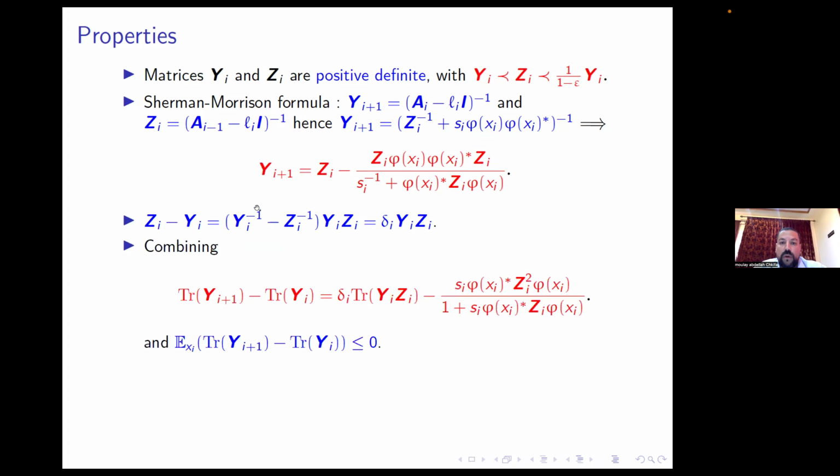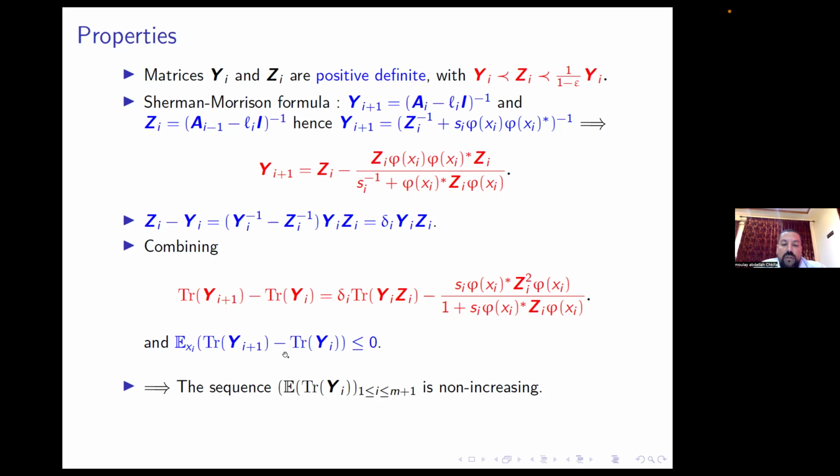Once we have all those properties, we can quantify the difference of the traces of the matrices Y of i. And given how the algorithm is defined, how we randomly pick the next point x_i, we can show that in expectation this quantity over here is smaller than 0. If we apply expectation one more time, we can show that the traces of these matrices are non-increasing on average.